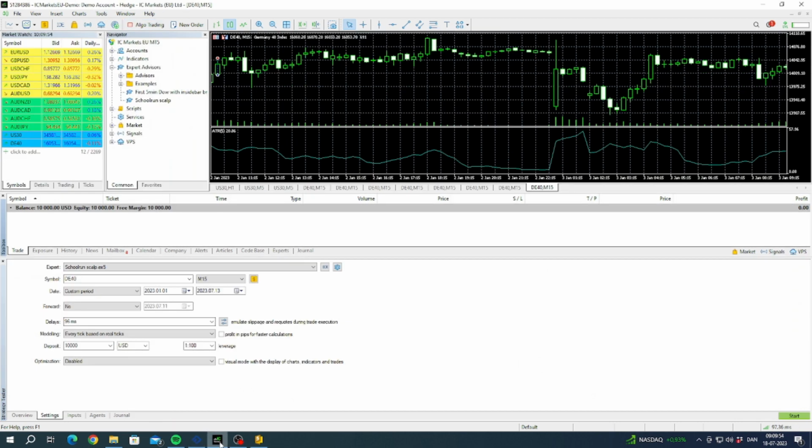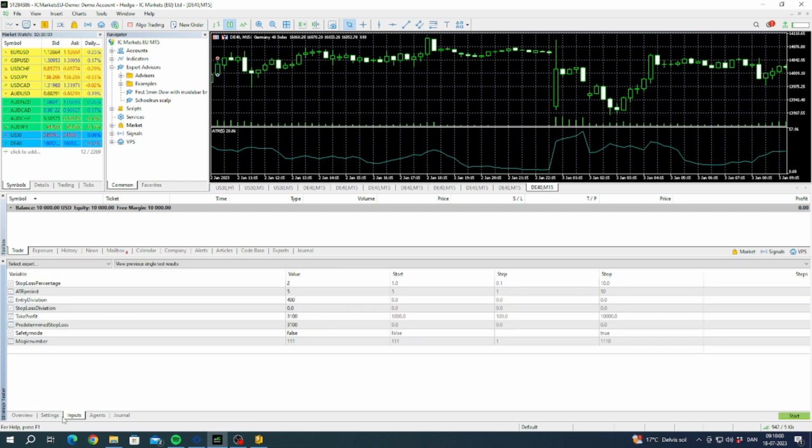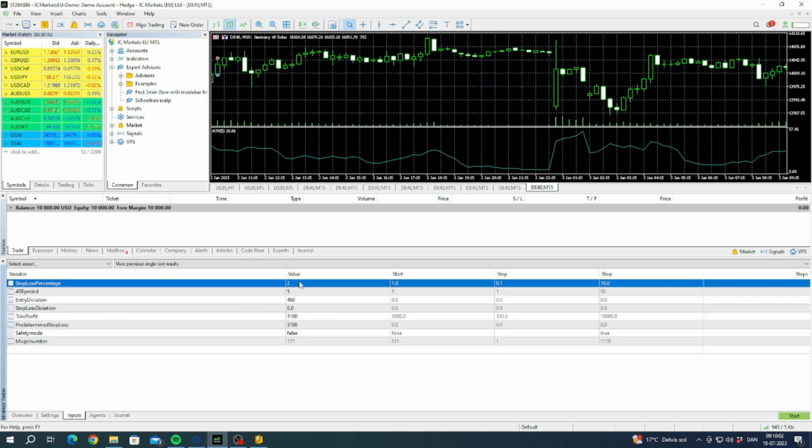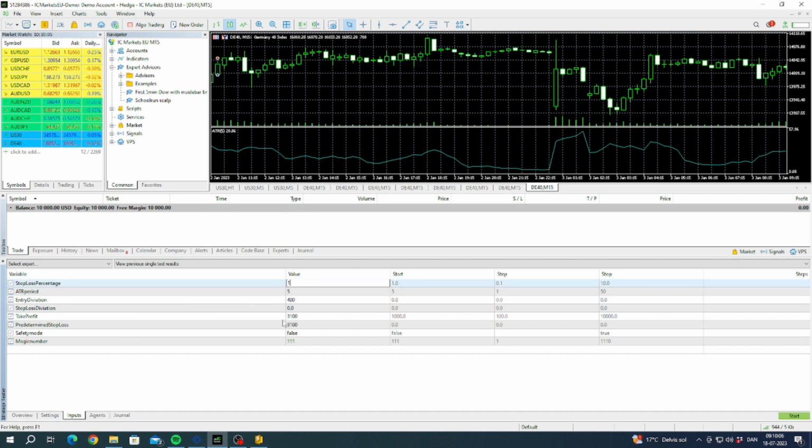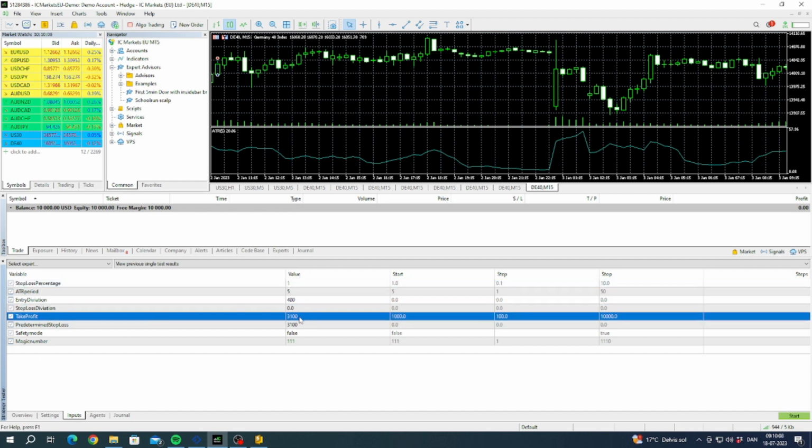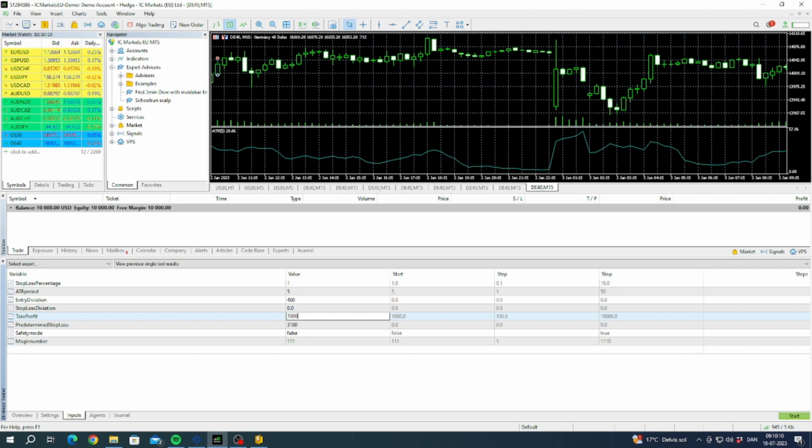We could go over here on IC Markets and do a quick test with the default settings. I actually have the 1-to-1 risk reward ratio settings on here right now, so I'll just change it.